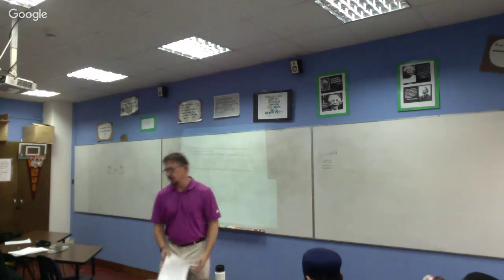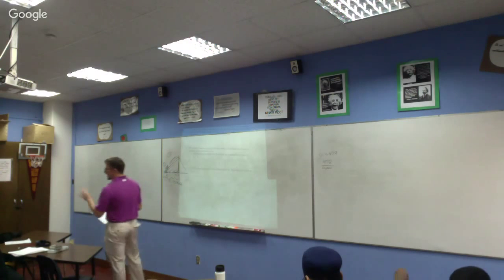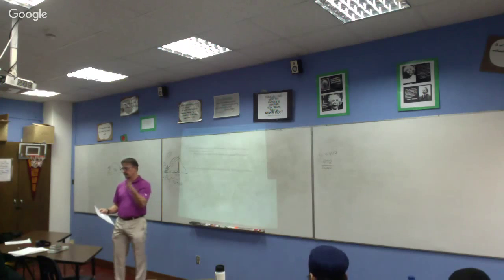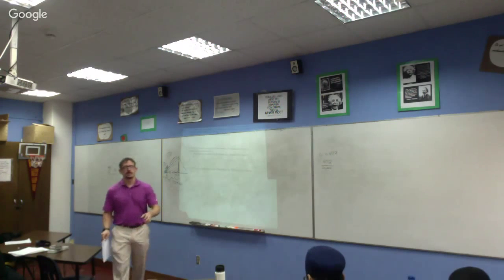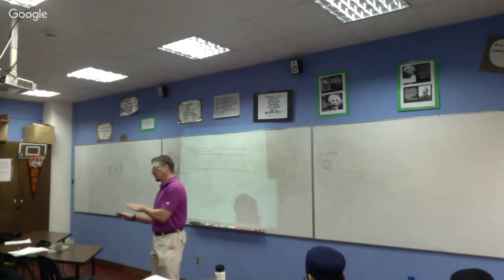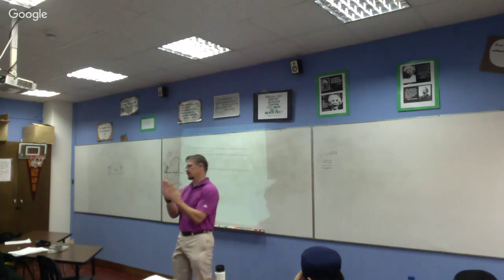This one's a little more difficult because we are going to take a normal distribution, any normal distribution, and standardize it. We're going to change it so that the mean is 0 and the standard deviation is 1.